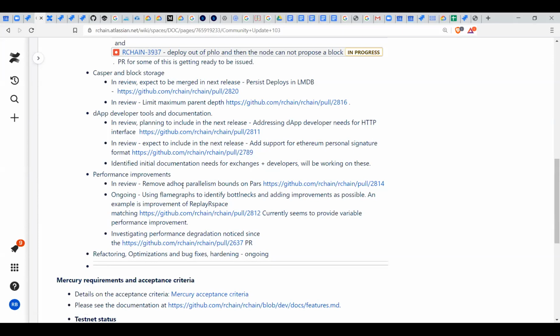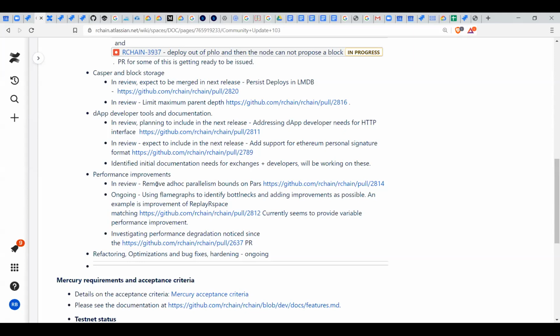There's one performance improvement, one we counted last time, that was Marcin's change, but this one by Joe is to remove bounds on parallelism and parse. That's being reviewed. I think there's one test failing on that. So Joe is going to take a look at it, and we'll have it once it's ready. That should be going into the next release.